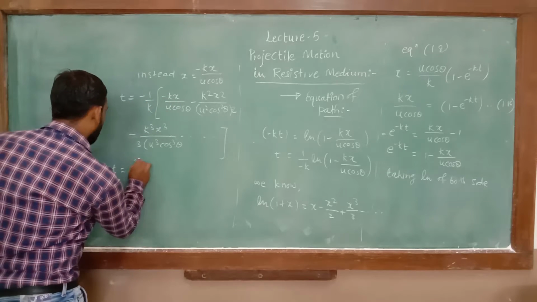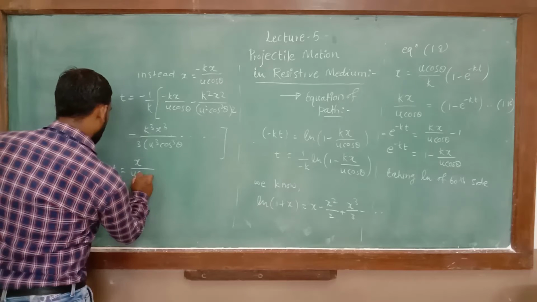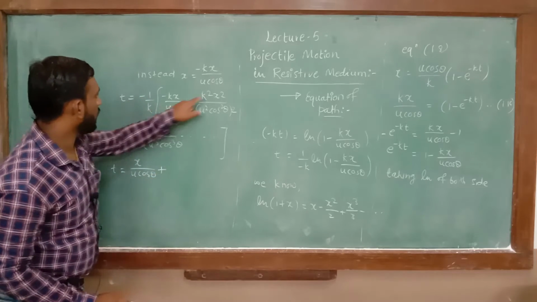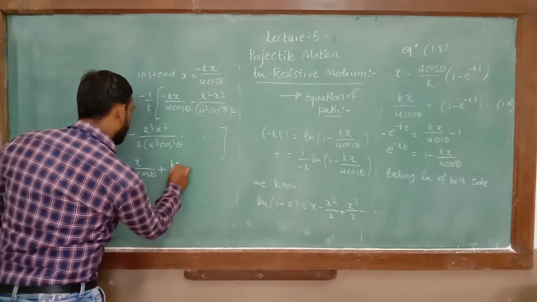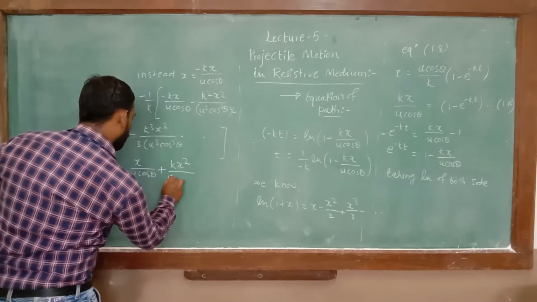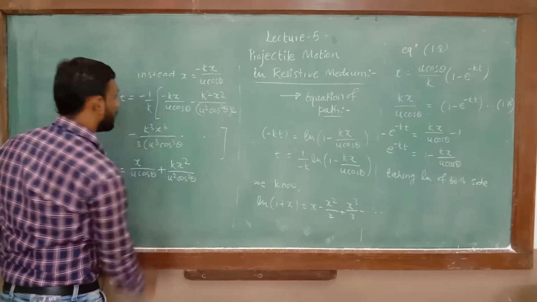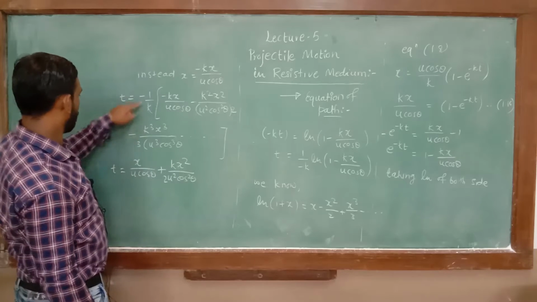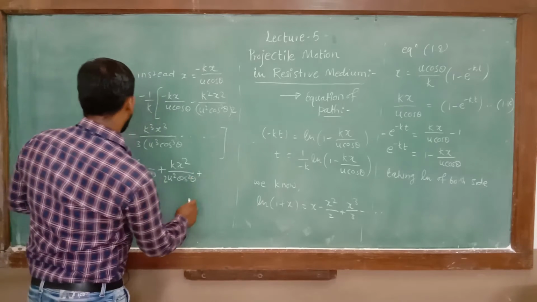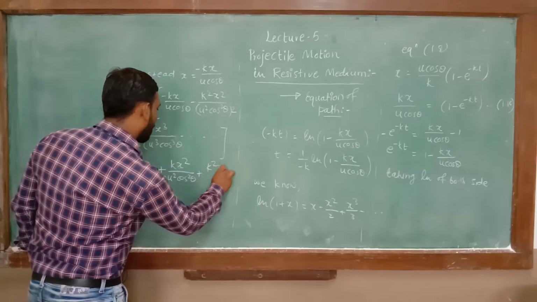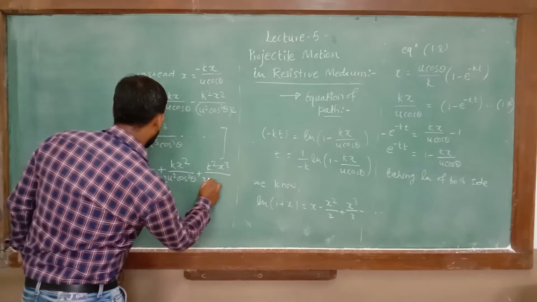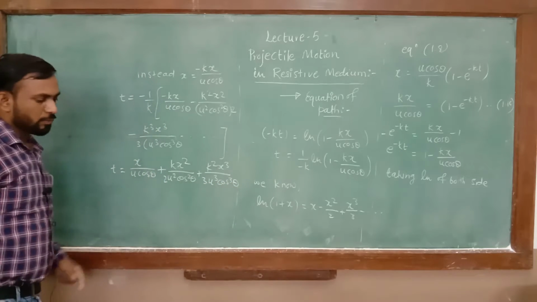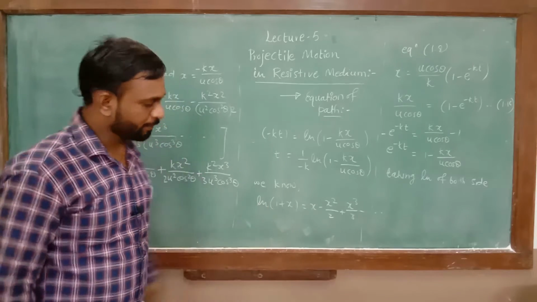So what is the form of the equation? x upon u cos theta, again minus plus, 1 upon k, 1k goes away, so kx square upon 2u square cos square theta, the 2 as it is, again minus k, so 1k goes away, and plus k square x cube upon 3u cube cos cube theta. So this is the form of the equation if you just put this value in this term.